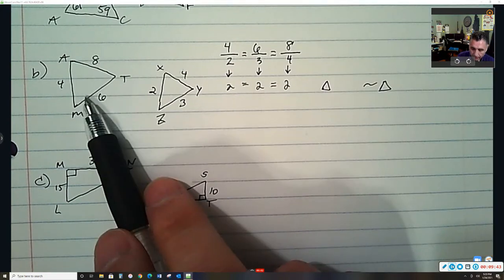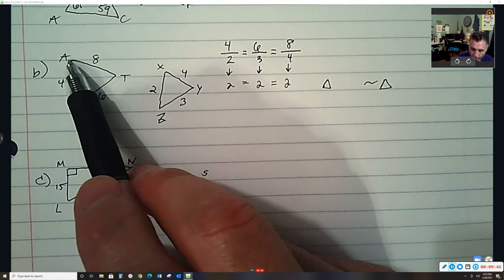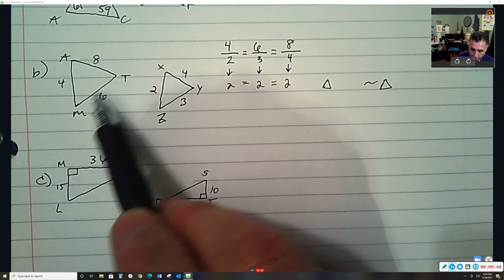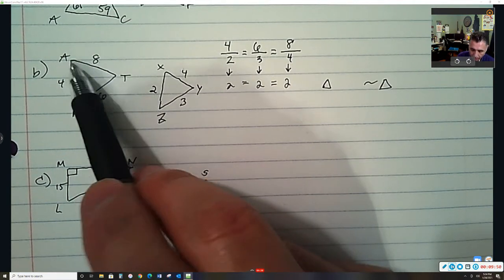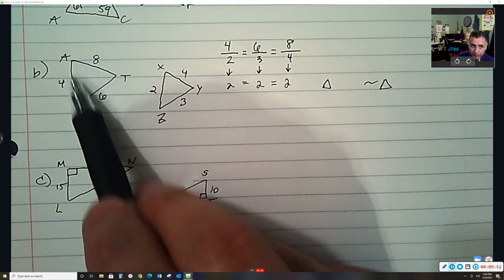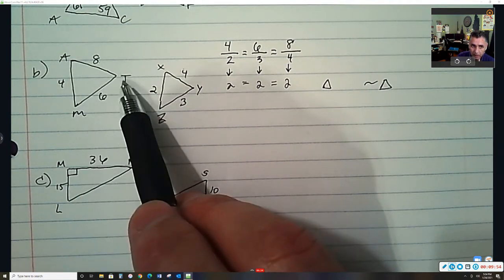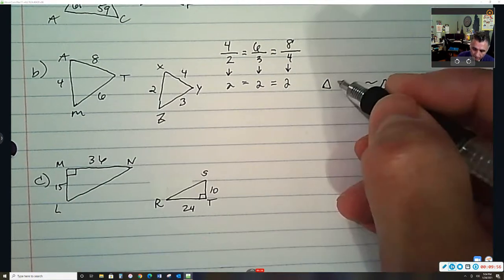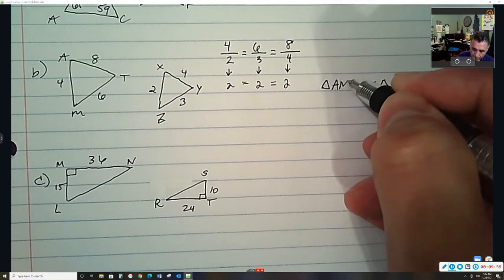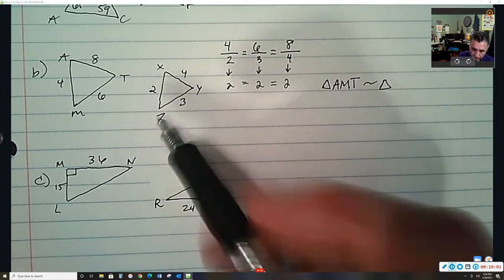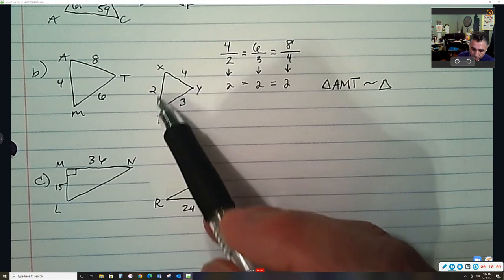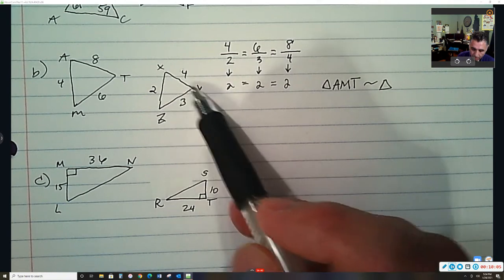Okay, so now we just need to name them. So I went from the small side, medium side, to the largest side. So that's going from A to M to T. A, M, T. And then this is going across the small side, medium side, big side.